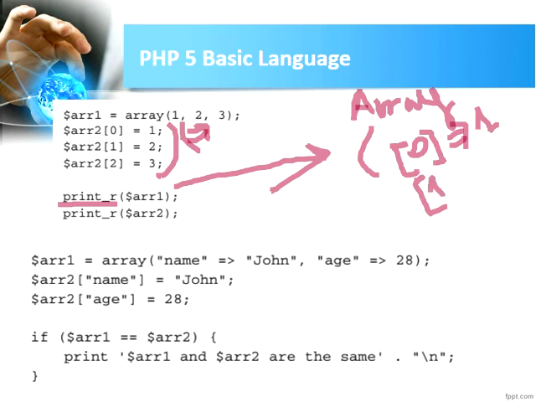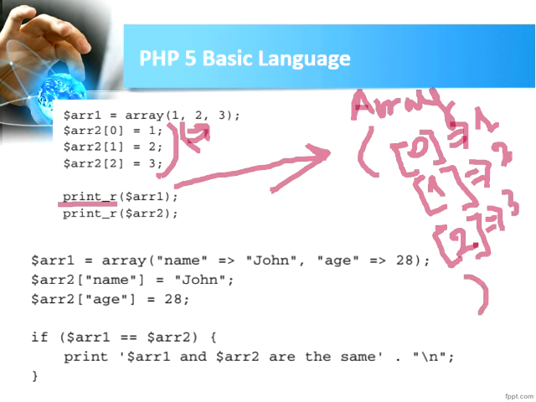After that 1, 2, 3, and after that. So this is the display of an array. It is not like a table in HTML. Okay.